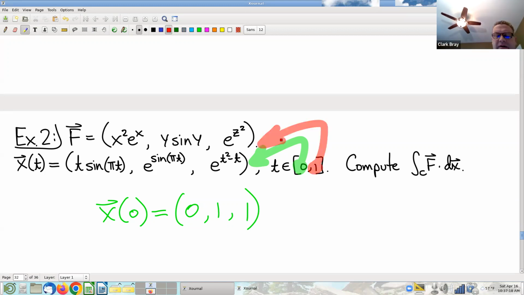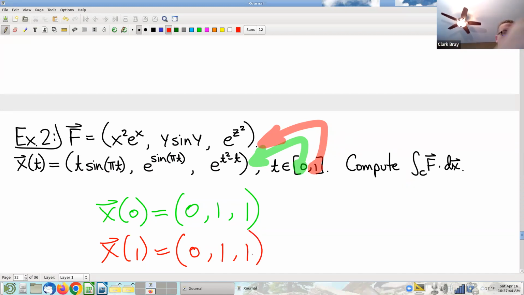Let's plug in t equals 1. We get x of 1 is 1 times sine of pi, which is 0. Then e to the power of sine of pi is 0, so e to the 0, which is 1. And then the e to the 0, which is 1.